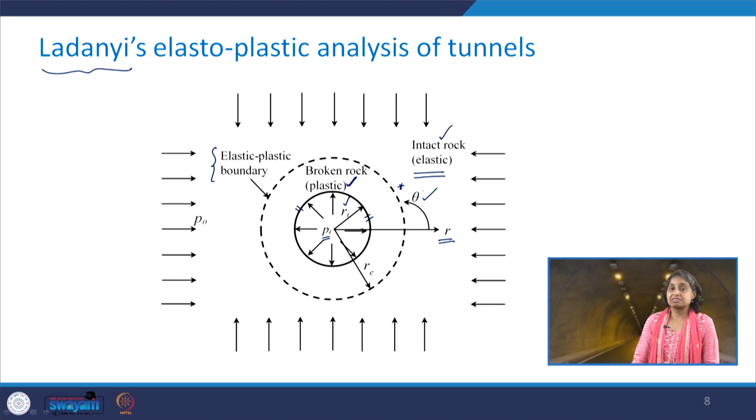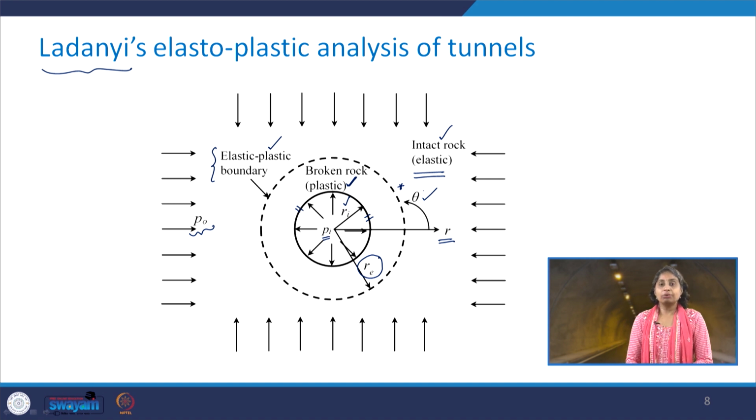This whole system is subjected to a hydrostatic state of stress with the in situ stress as P naught. The radius of the elastic plastic boundary is represented by the term R E.